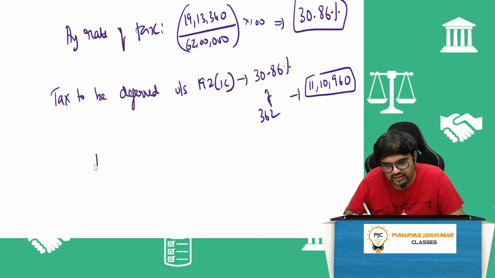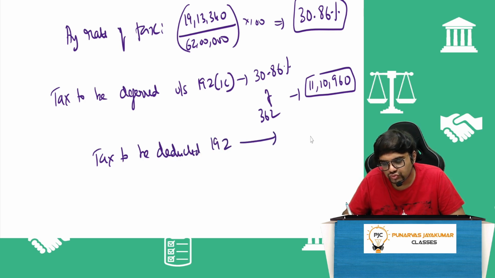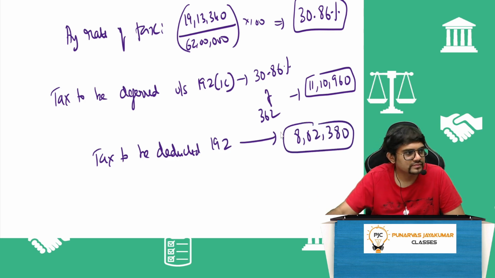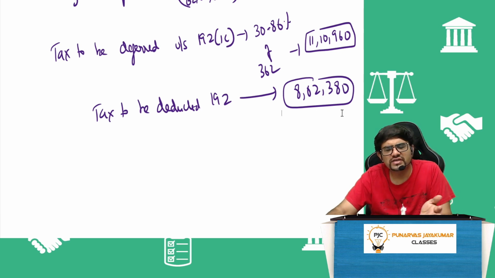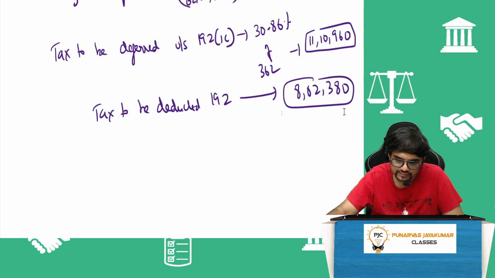So what is the tax to be deducted as per 192? It is 8,02,380 rupees. So assuming the company deducts all this, his advance tax, etc. properly, self-assessment tax will be nil. I mean, TDS if they deduct, advance tax also will not come, self-assessment tax also will not come, nil.